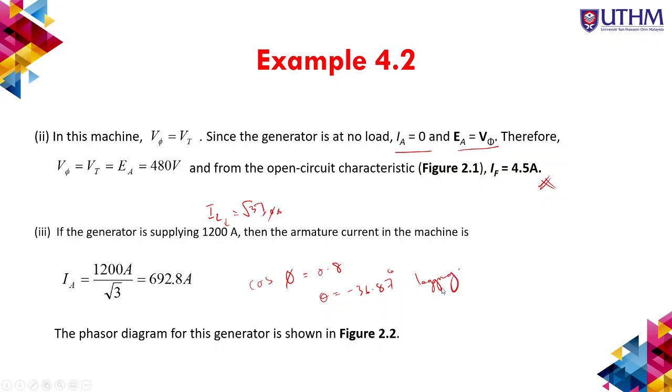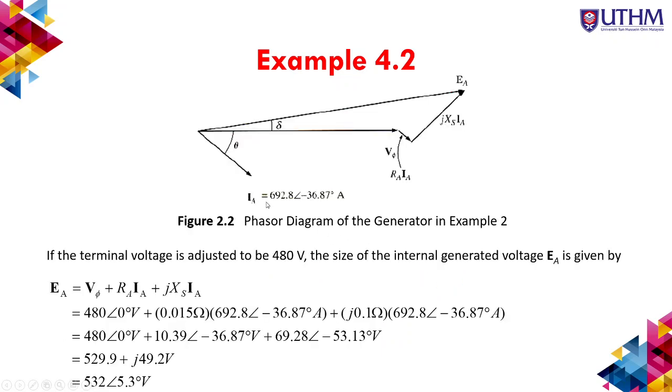So then we draw. We just draw it first. Since there is IA, we draw this. As we know, V phase is always 0, the reference, and then the IA.